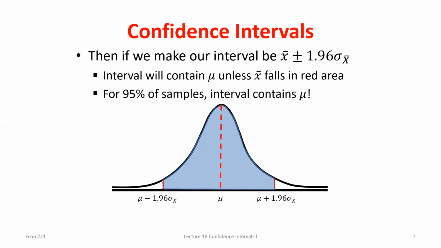So for any sample mean in this range, by adding 1.96 standard deviations to it and subtracting 1.96, I'll have an interval that includes the true population mean. For any sample mean I see out here, my confidence interval wouldn't include the true population mean. But I'm okay with that because I know the probability I see a sample mean out here is only 0.05, right? Or has a much lower probability than seeing a sample mean in this range, which I know is 0.95.